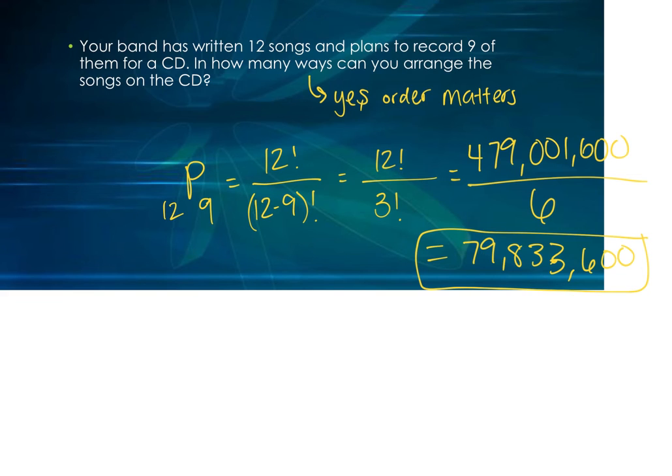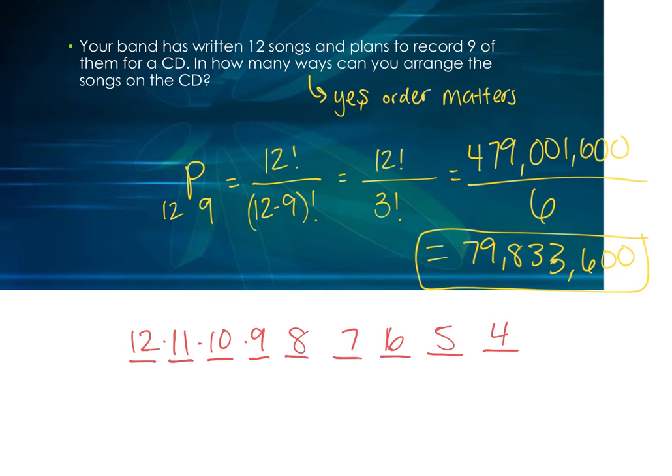Now, if you wanted to use Mr. Yurko's way, how many blanks would I draw? 9 of them. So 1, 2, 3, 4, 5, 6, 7, 8, 9. And I would fill in from 12, 11, 10, 9, 8, 7, 6, 5, and 4.